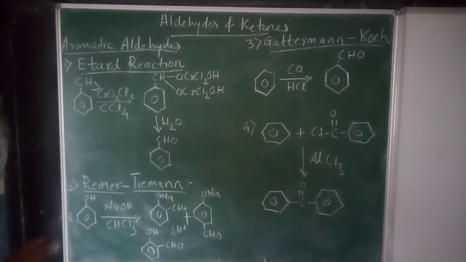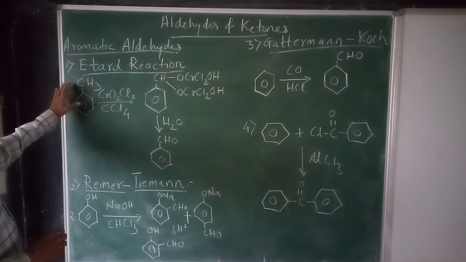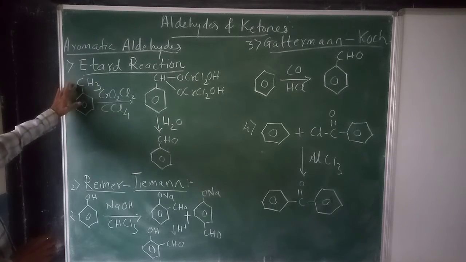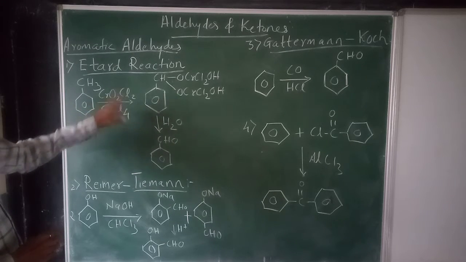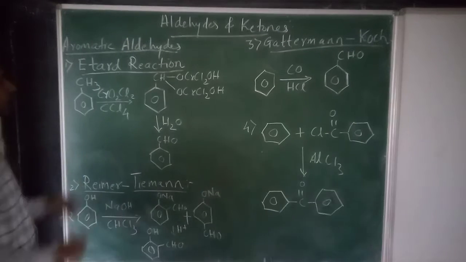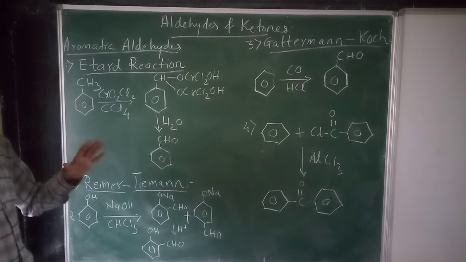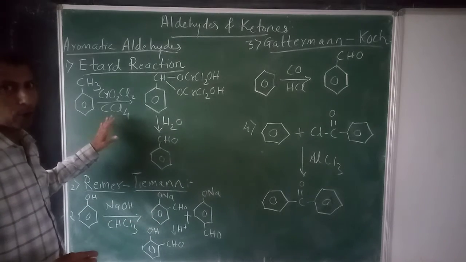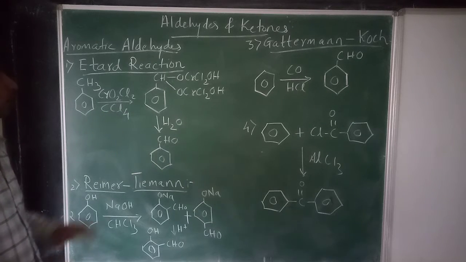So how do we prepare it? Let's understand. We have here methyl benzene, the reactant, in presence of chromyl chloride, CrO2Cl2, in presence of organic solvent carbon tetrachloride, CCl4.